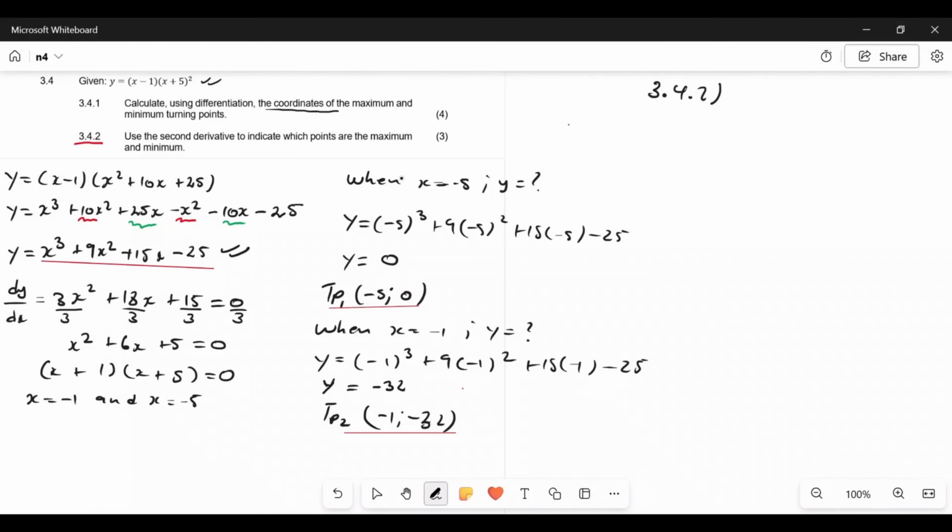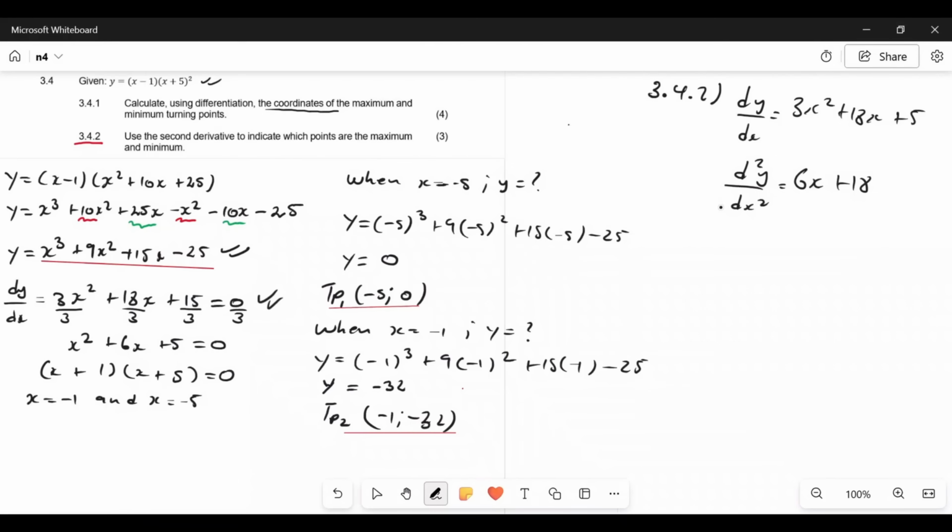So you must second derive this equation. Now the first derivative, as you can see, is this one here. We have 3x squared plus 18x plus 15. So that's the first derivative. Let me just write it very quickly so that you can take it from there. So we have 3x squared plus 18x plus 15. Now the second derivative is going to be 6x plus 18.